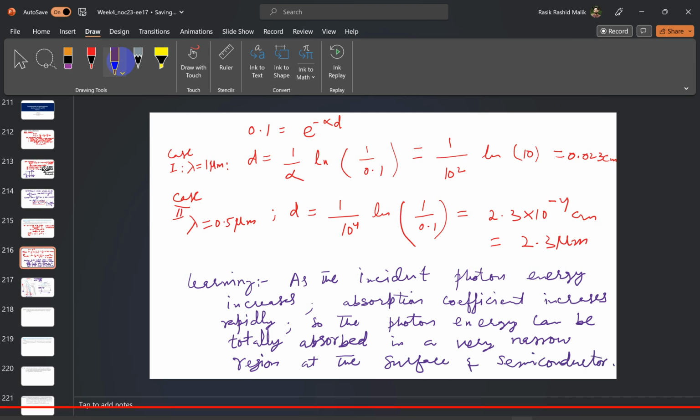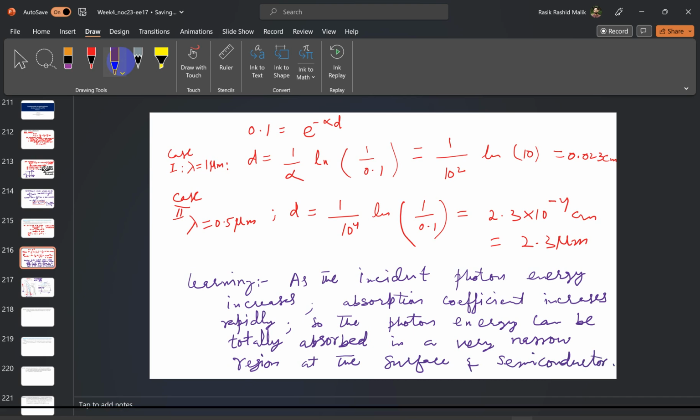So here we found how the absorption coefficient depends on the band gap, depends on the wavelength, and the incident wavelength or incident photon energy.